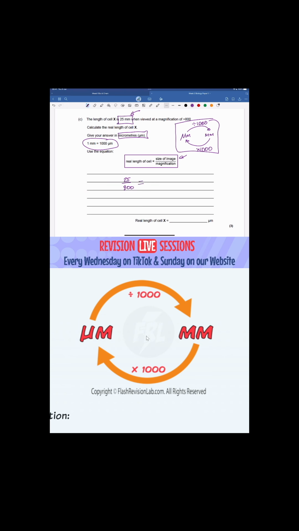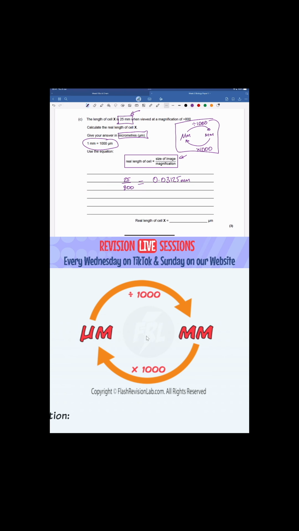And for chemistry, all you get is a periodic table. For physics, that's the one where they give you a full equation sheet. So if you do 25 over 800, you should get 0.03125.